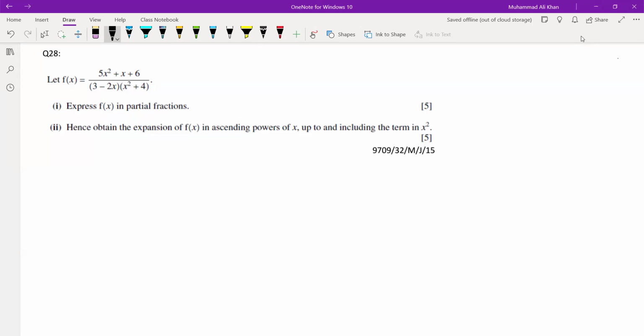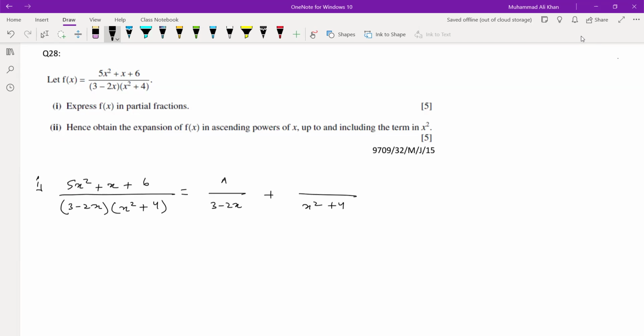What is the degree of the denominator? It is a proper fraction: (5x squared plus x plus 6) divided by (3 minus 2x)(x squared plus 4). Here it is A over 3 minus 2x, plus (Bx plus C) over x squared plus 4, because the denominator has degree 2, so the numerator is of degree 1.